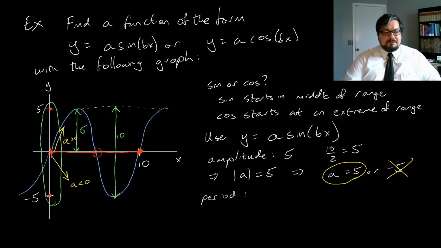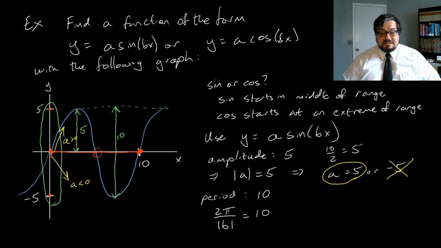So the function starts at 0, goes up to 5, comes down to -5, comes back up to 0 at 10, and then it's going to keep doing that over and over again. That means the period of this function is 10. And we also know that 2 pi over the absolute value of b is equal to 10.